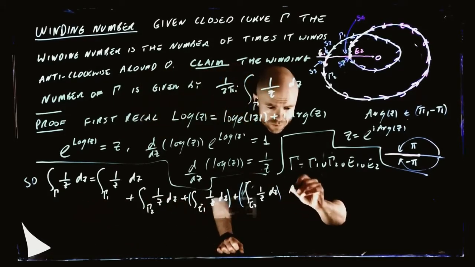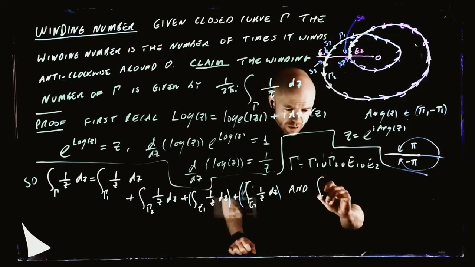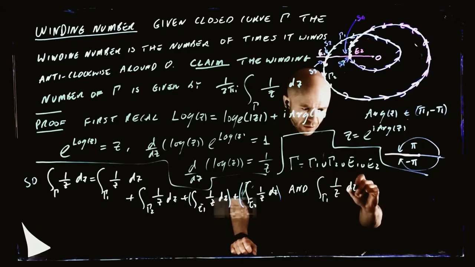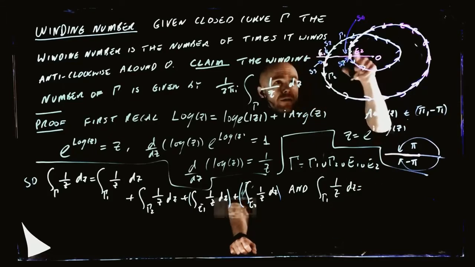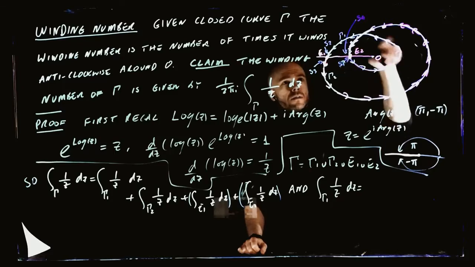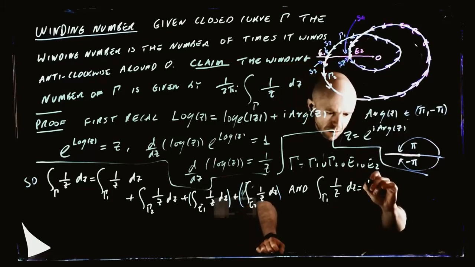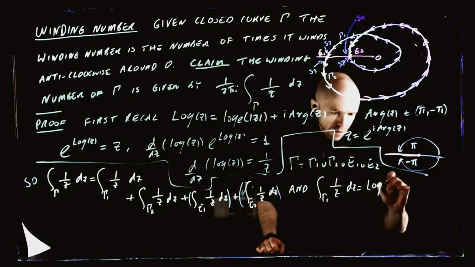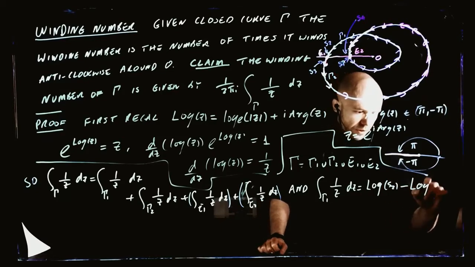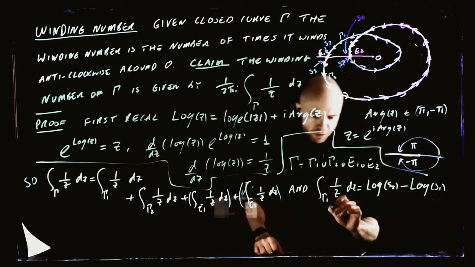So I know that the integral over gamma 1 of 1 over z dz is complex log of the endpoint, S2, minus complex log of the start point. And what is this thing?